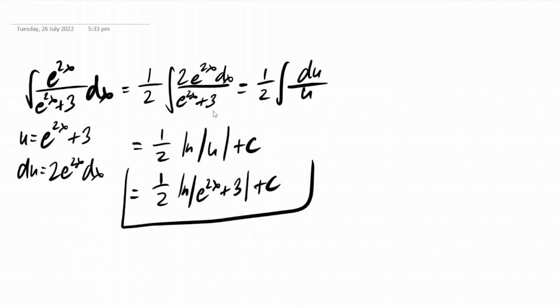That is our u substitution. Next is our integration by parts. Now in integration by parts, we have that the derivative of uv is equal to u dv plus v du.